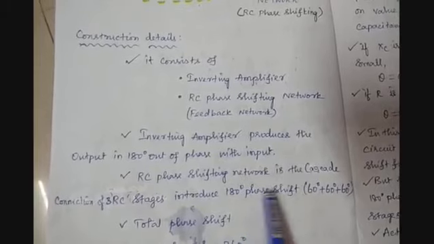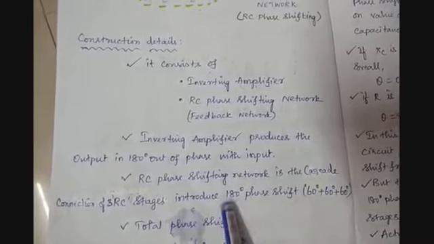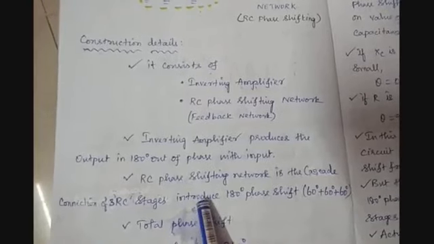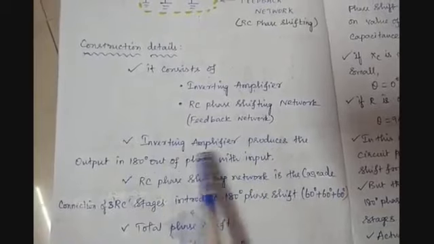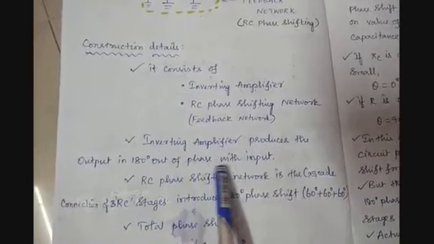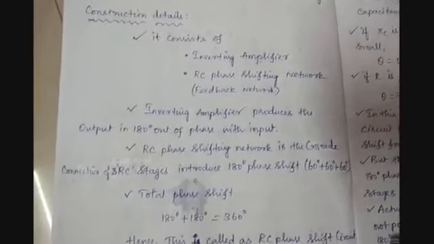How it produces 60, 60, 60 degrees, and a total of 180 degrees, we will discuss later. Anyhow, the inverting amplifier produces 180 degrees out of phase output compared with the input.